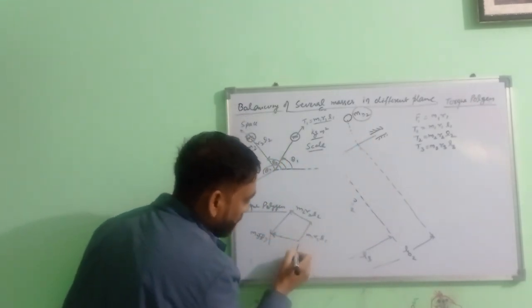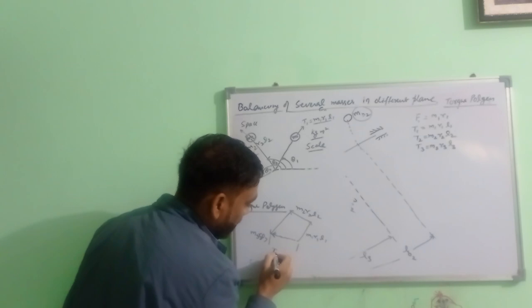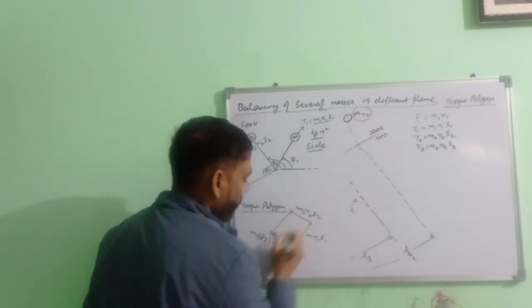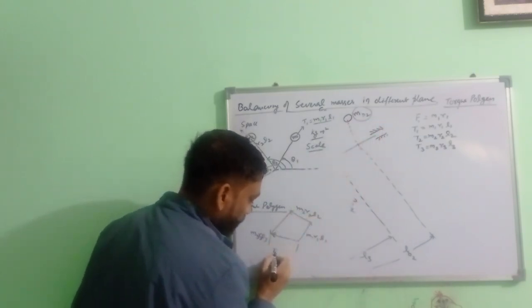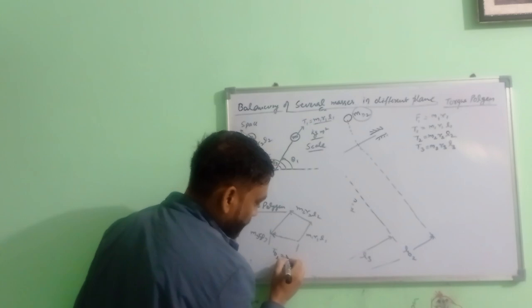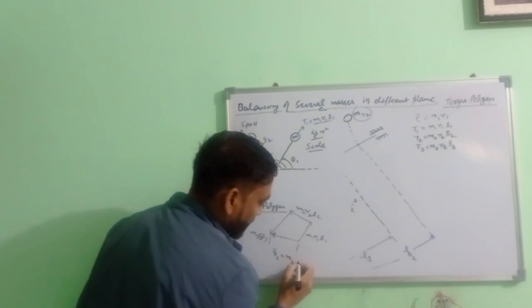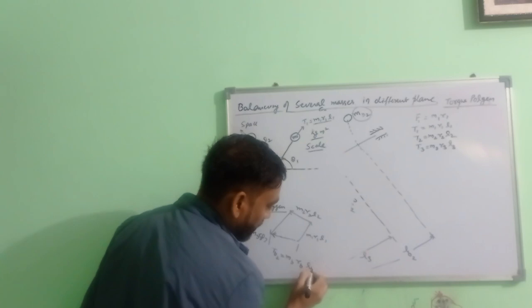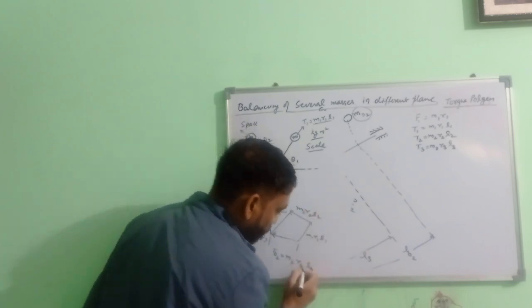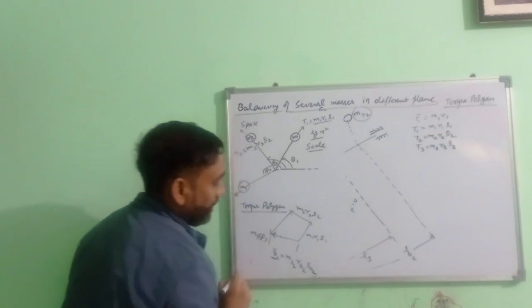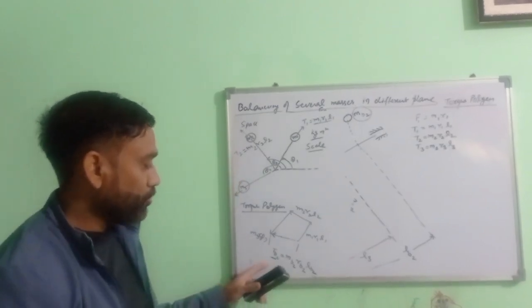And this is the torque TB2, equal to MB2 into RB2 into LB2. This is the torque TB2.